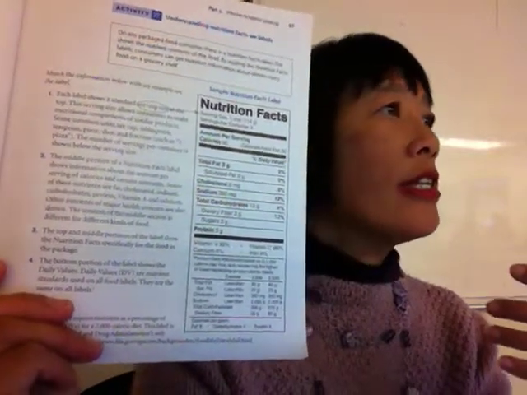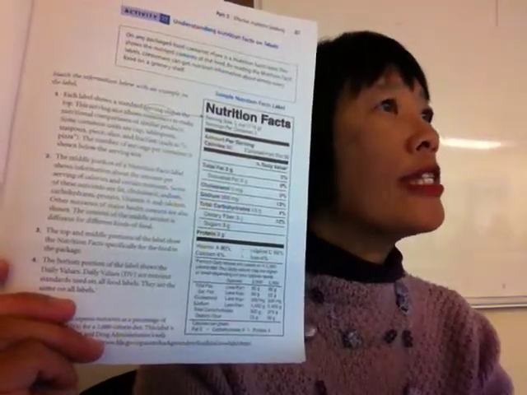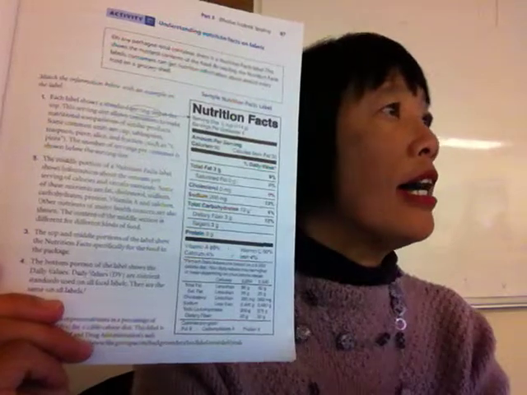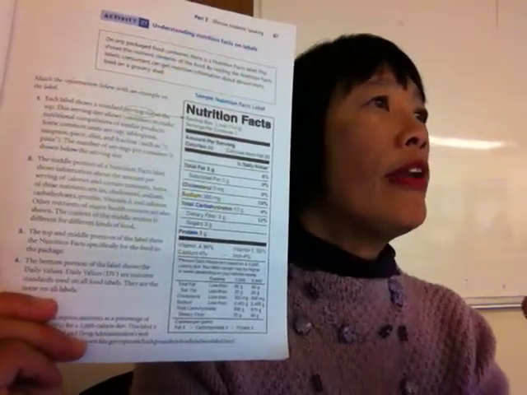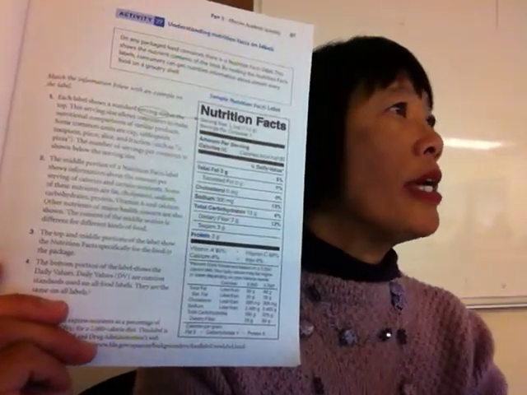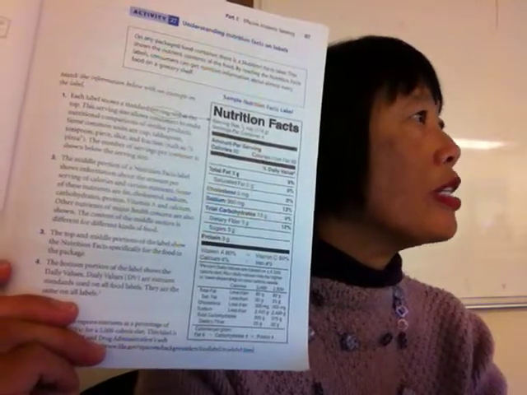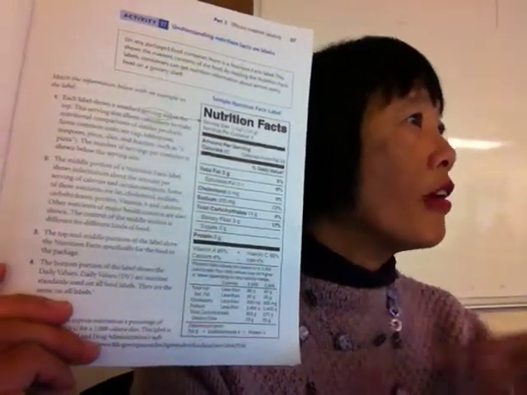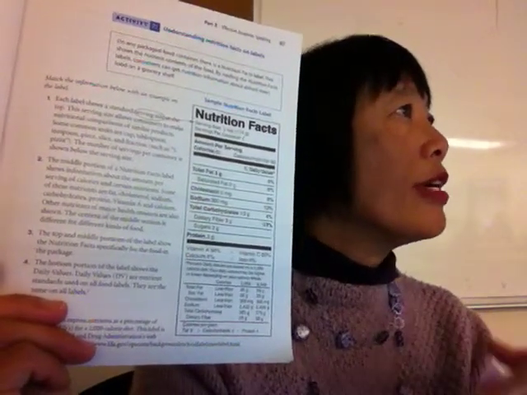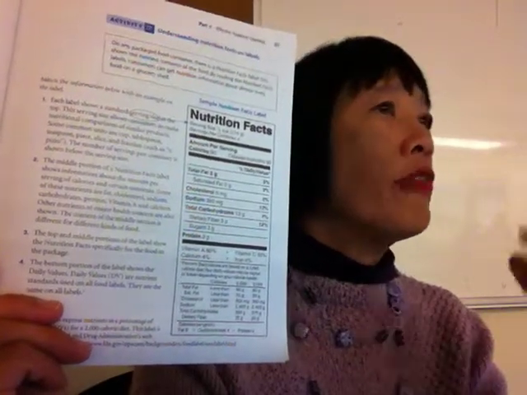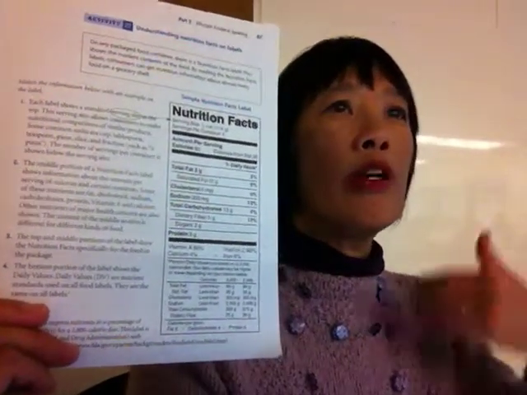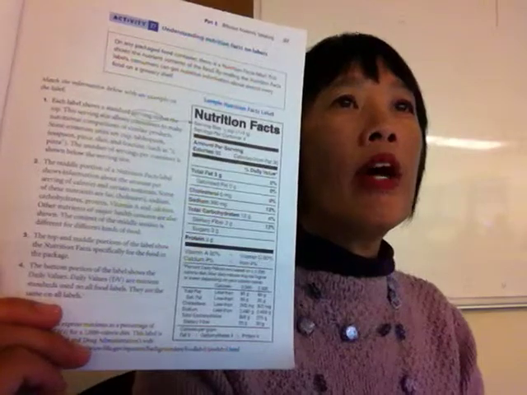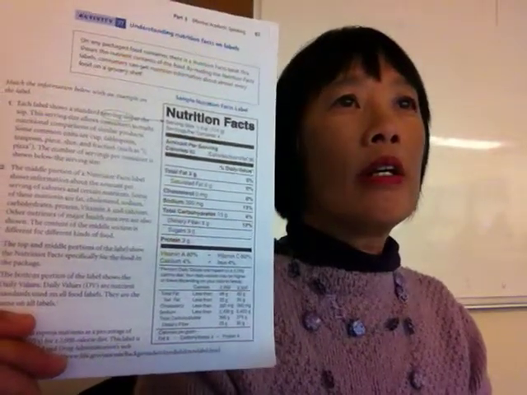Now, there is fat that's saturated and fat that's unsaturated. Saturated fat is not so good for you because it clogs up your arteries. Your blood flow doesn't go very well, and as you increase in age, it will be hard for the blood to travel and circulate throughout your body, and you might have heart disease. You might have a heart attack.